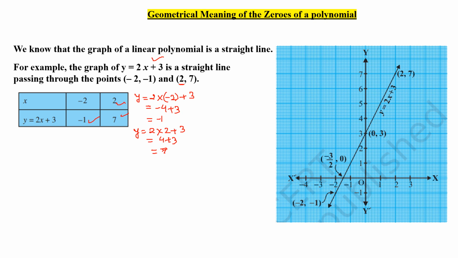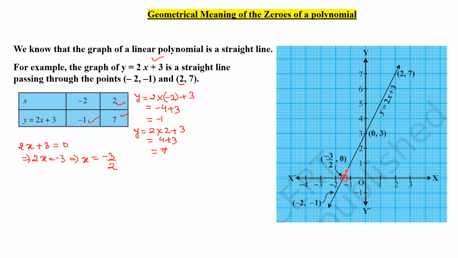Try to recall what we used to do: we write 2x plus 3 equal to 0, which gives 2x as -3, and if I transpose 2, I get x equal to -3/2. You can see that clearly here also, at this point where it is intersecting the x-axis, isn't it?